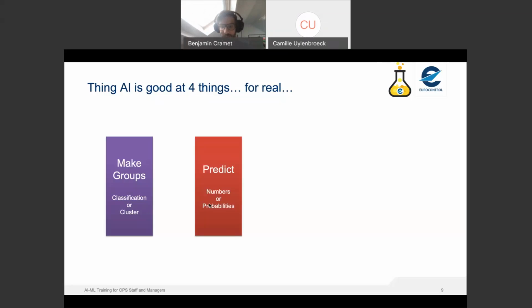Next, prediction, like the number of open sectors in an airspace, like takeoff time predictions. Here you observe the past, learn on past data, and predict an event in the future, like a takeoff time, like a delay, like the number of open sectors for a given day, etc.